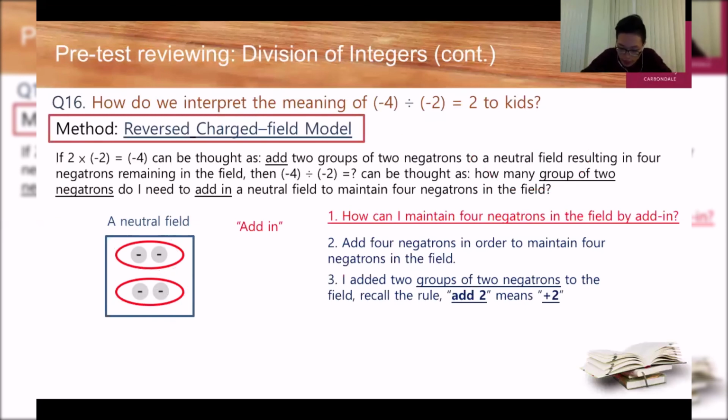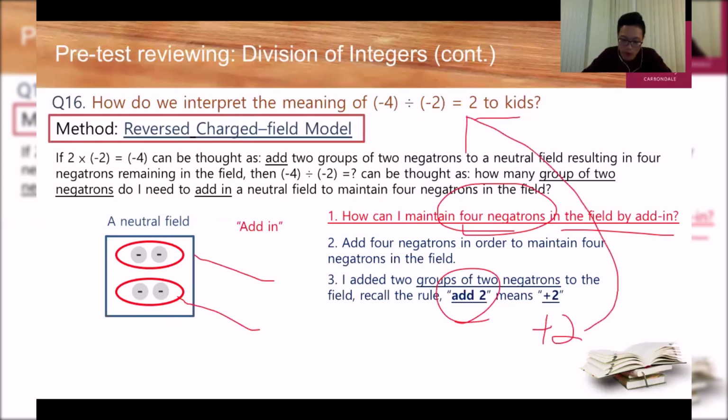I add 2 groups of 2 neutrons to a field in order to maintain 4 neutrons in the field. Okay, so add 2 here means +2, right? So that will be the answer for this equation. Okay, so this is a reverse charge field model.